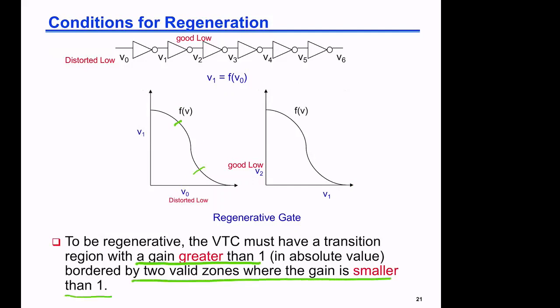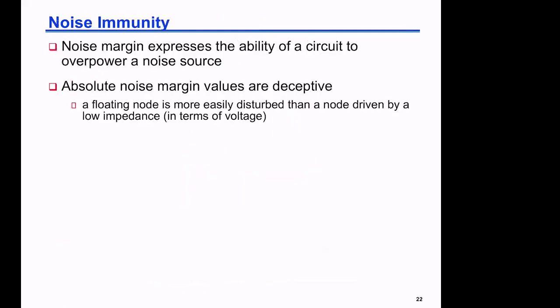So here the gain has to be greater than 1, and in those two regions, the gain has to be smaller than 1. Okay, so as long as we have this property, then my circuit can recover quickly. Okay, so let us now look at the following slide.